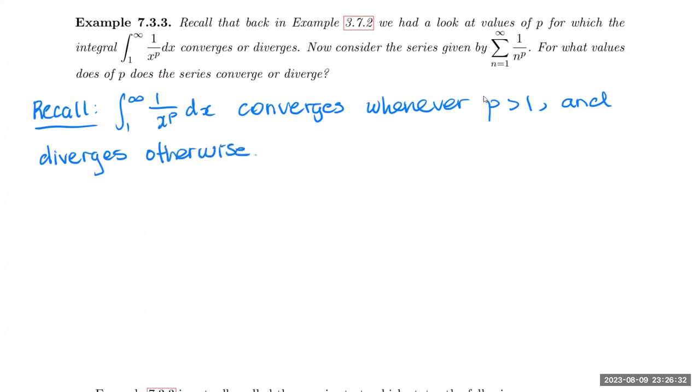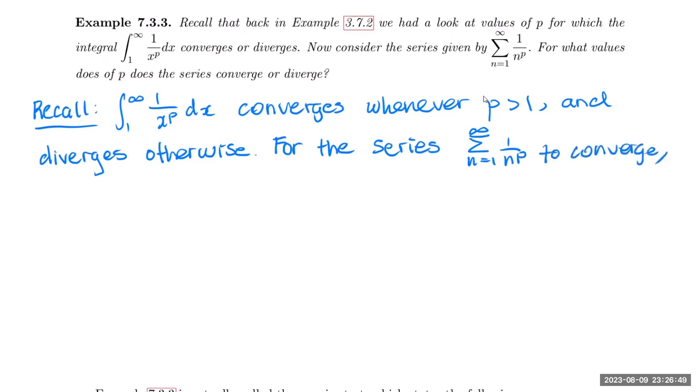So therefore, for the series to converge, we need the integral to converge, which only happens when p is greater than 1.